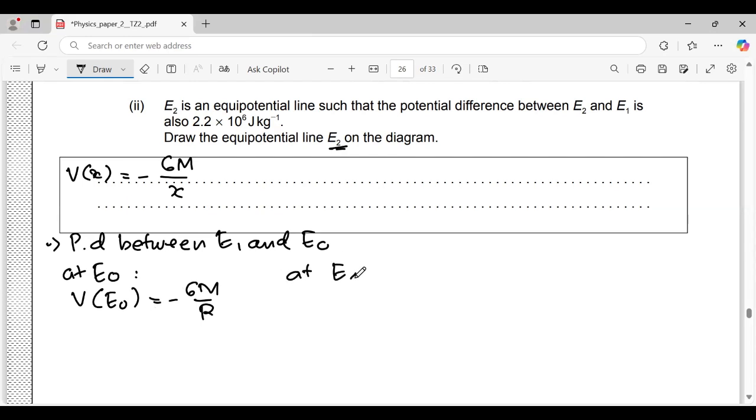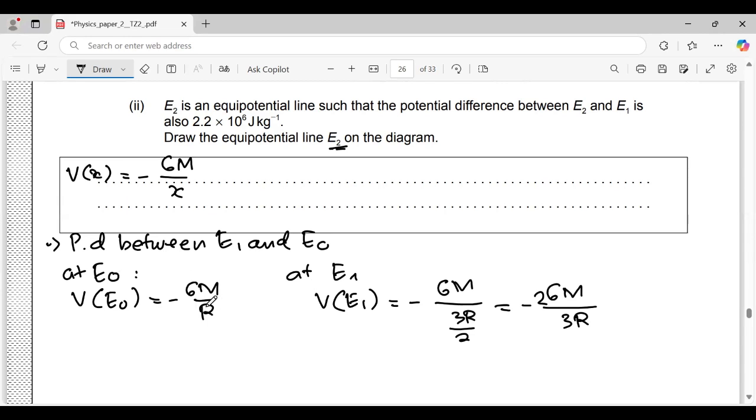At E1, the potential at E1 is minus GM over 3R half, which equals minus 2GM over 3R, because of the factor of 2. This is at E1, right?